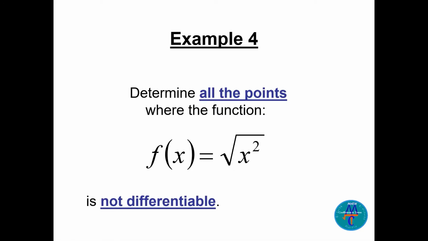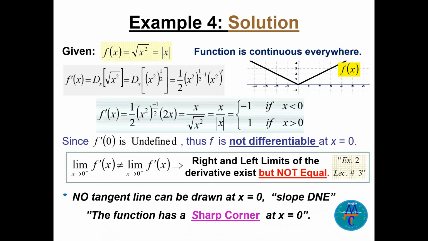Now let's look at example number 4. Determine all the points where the function f of x equals square root of x squared is not differentiable. Now we know the square root of x squared is the same as the absolute value of x, which is v-shaped, and it is continuous everywhere because the domain is all real numbers.